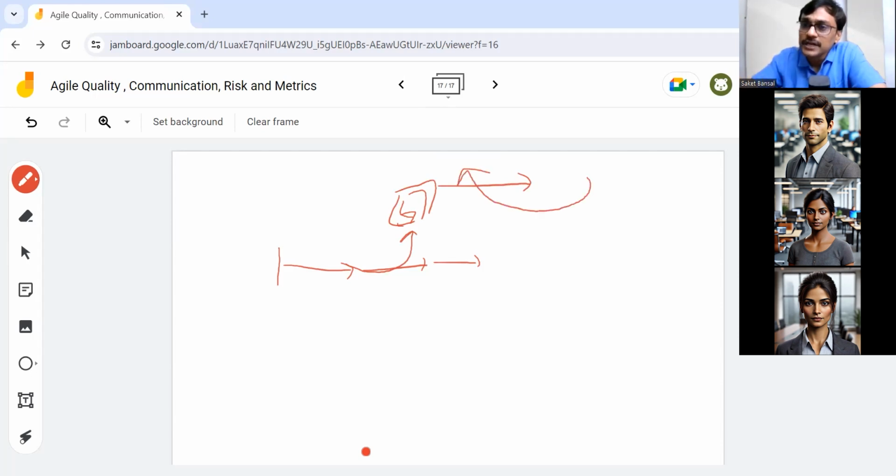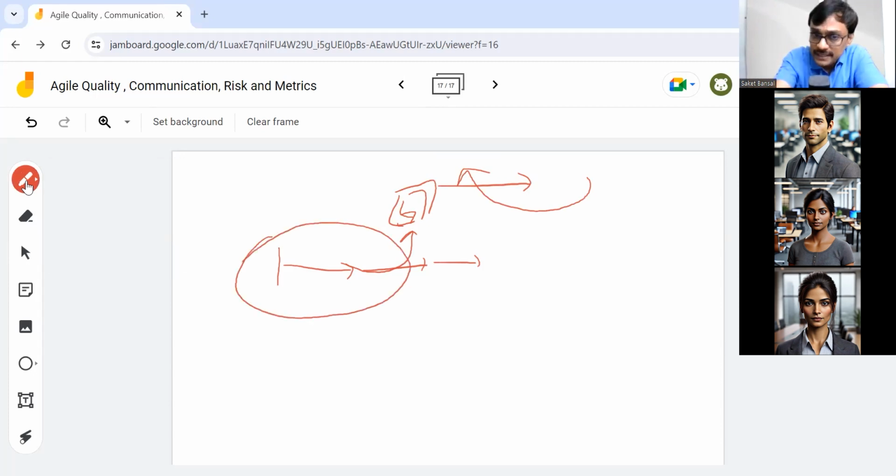So a defect reported by the customer is called an escape defect. Simple. The word escape means this defect has escaped our verification and validation process. Our team, our DoD, our checking could not catch it, and it went out. This is a serious defect.